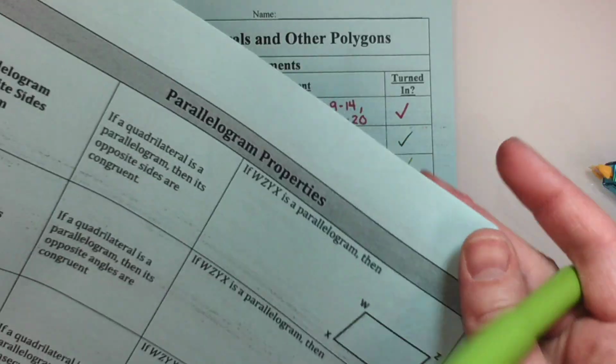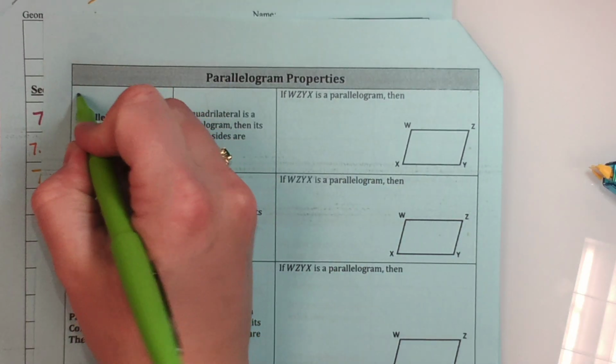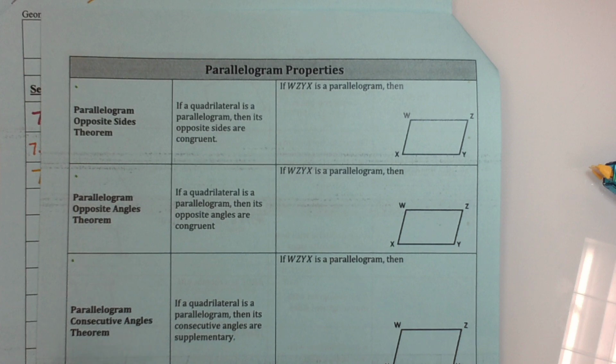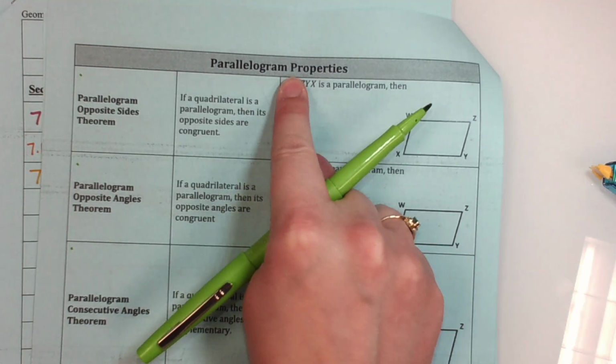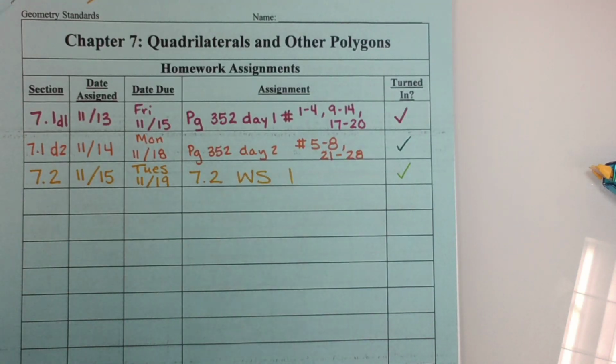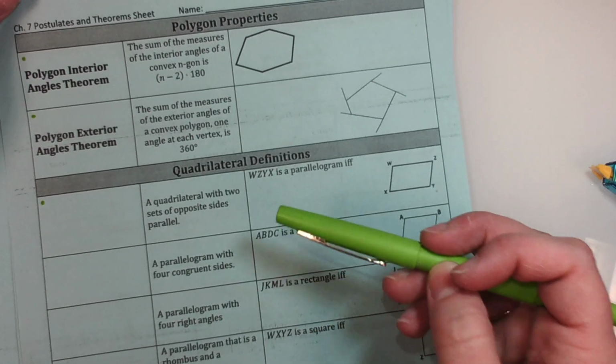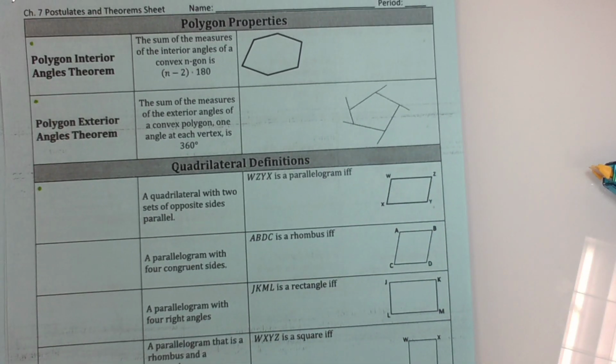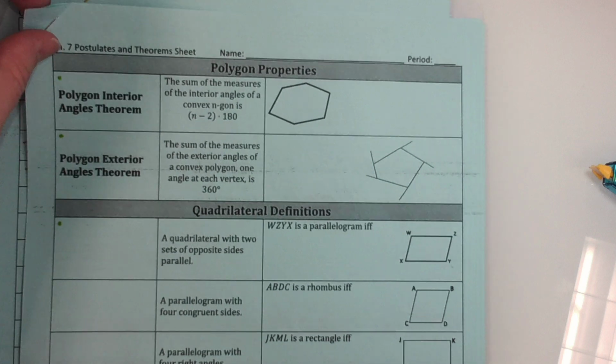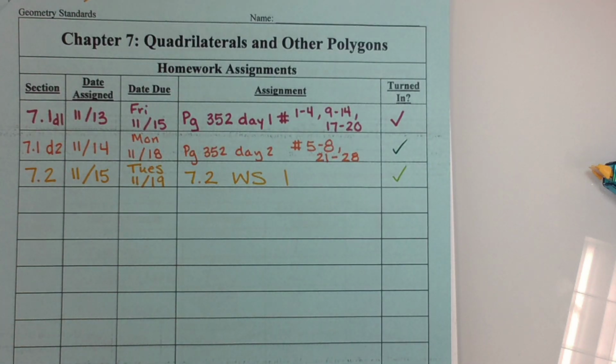And then on the next page, these 4 on the top filled in. Because we've talked about parallelogram properties. We have talked about properties of polygons in general, and we've talked about the first definition of a quadrilateral. We are going to be adding to some of those today, so we should have some more of those filled in. That's just kind of where we start.